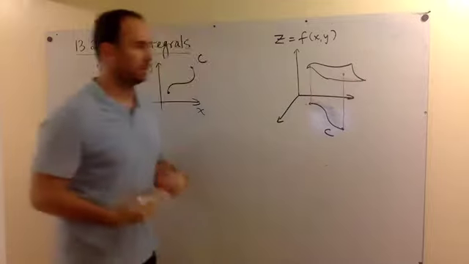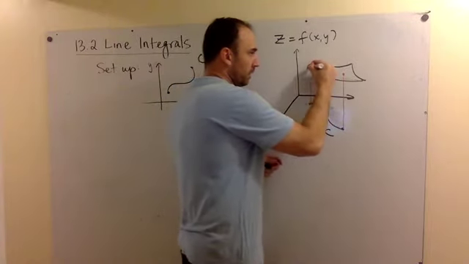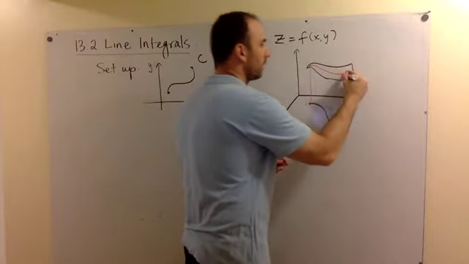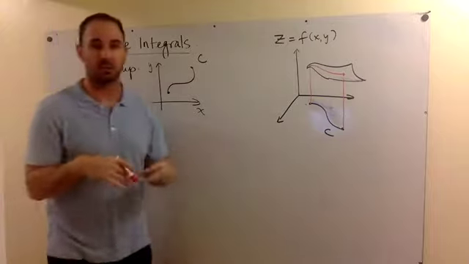So maybe there's the curve, and then what happens is as I plug in all these points along this curve, this traces out some type of curve up here, okay? So there, not too bad of a drawing.